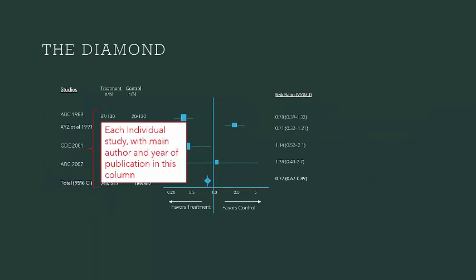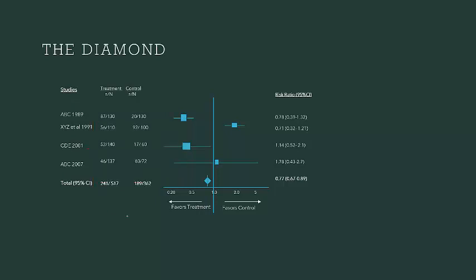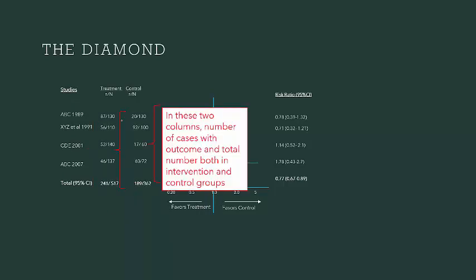Now, let's see what all these are. Over here, each individual study with main author and year of publication is placed in this column. Then in these two columns, this is small n divided by N. So small n is the patients or cases with some outcome, and N is the total number of participants in the treatment group, and it will be the same for the control group, or for any other group, like if we are comparing two interventions, intervention 1 and intervention 2.